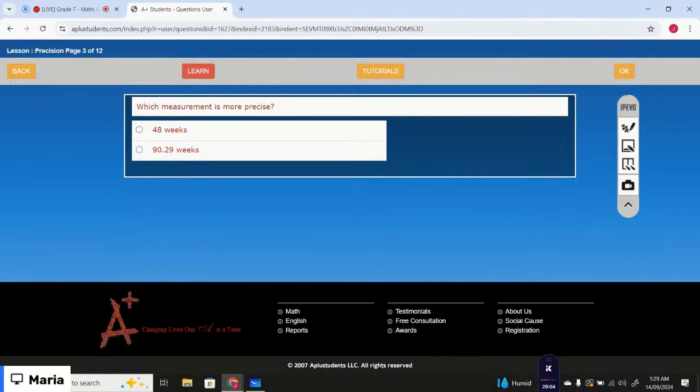The correct option is 90.29 weeks, it is more precise. Option number 2 is the correct option. Got it?